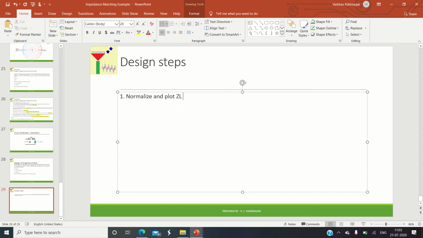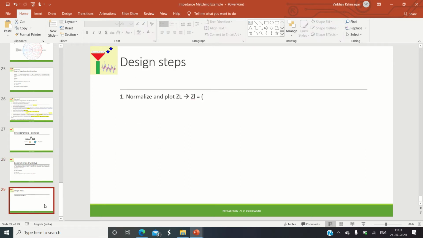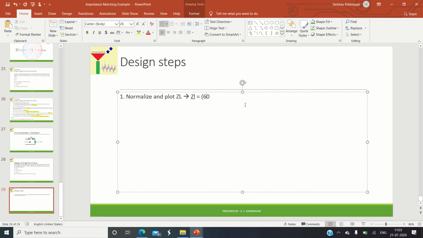After normalization, we get small zL equal to the given complex load impedance 600 plus j300 ohm divided by the characteristic impedance 300 ohm. The value is 2 plus j1, or simply 2 plus j.